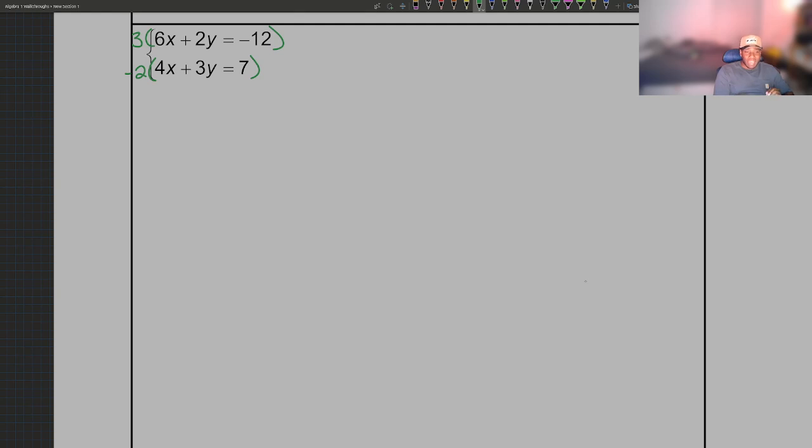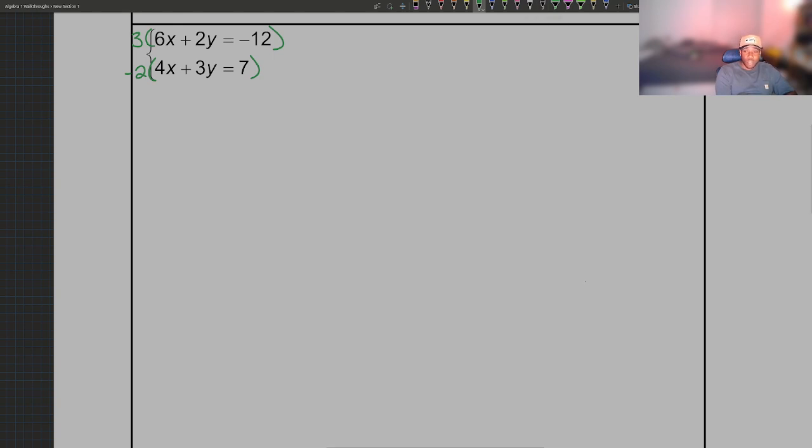And multiplying by negative 2 specifically is going to make it so that these equations will cancel out when I add them together. Remember, I told you, you want to eliminate as much to think about as possible. Usually what that means for us here is, let's multiply one equation by a positive number and the other by a negative number. And we're going to see how that shakes out for us.